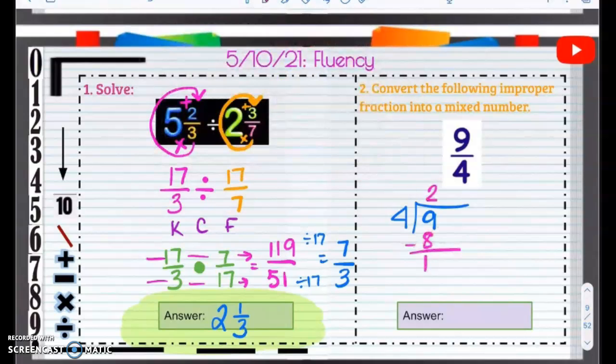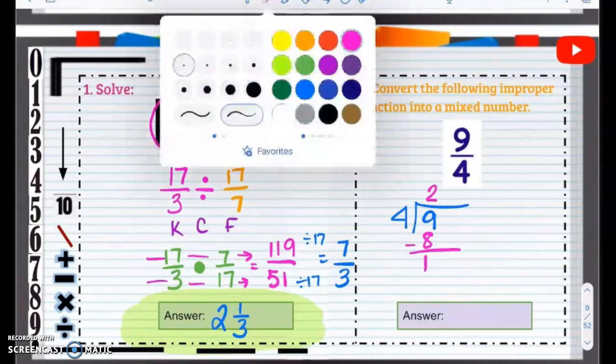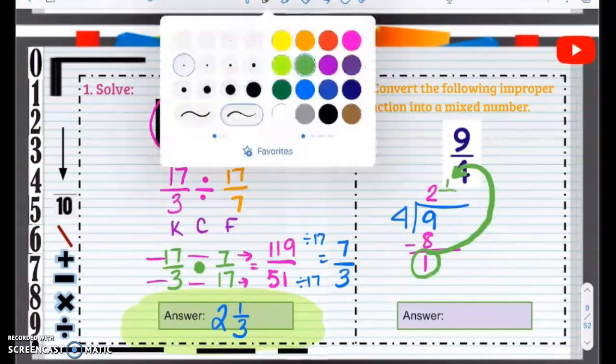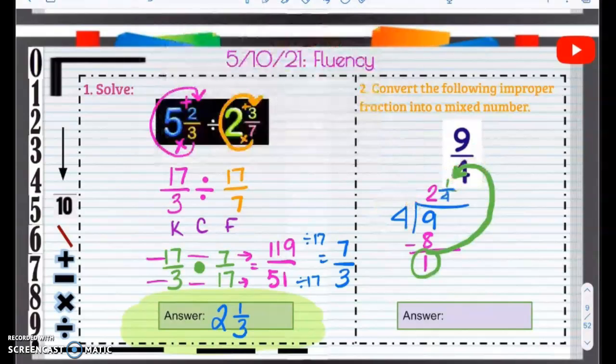Now, since we don't have any numbers, yes, we can put a decimal, but we don't have to, because this 1 will become our new numerator, and it will be 1, and then we're going to keep that denominator of 4. So we have 2 and 1/4. So 2 and 1/4 is going to be our answer there.